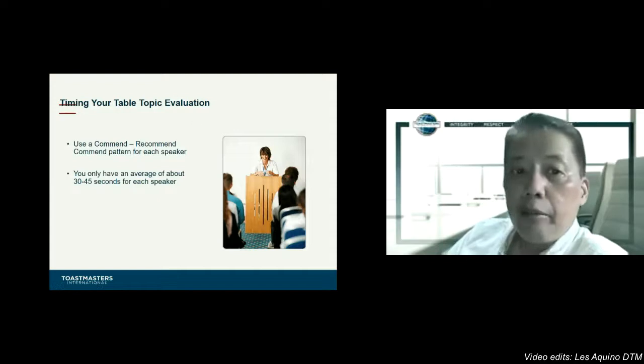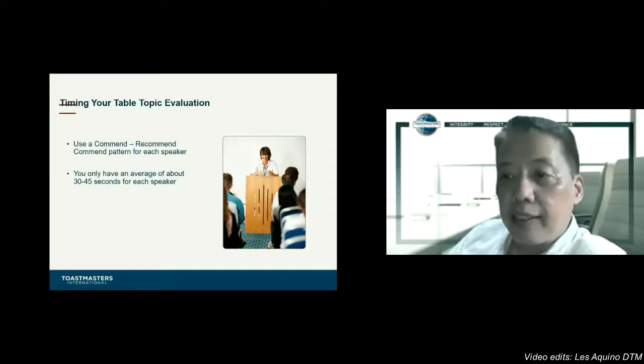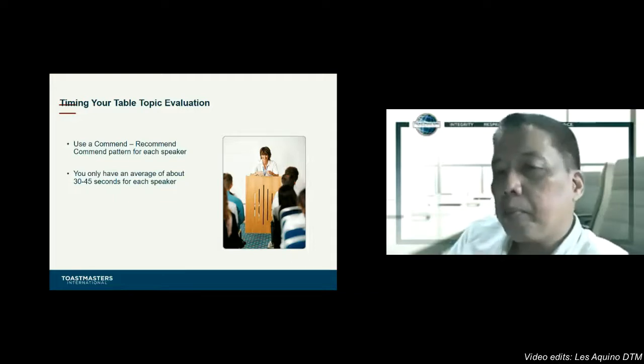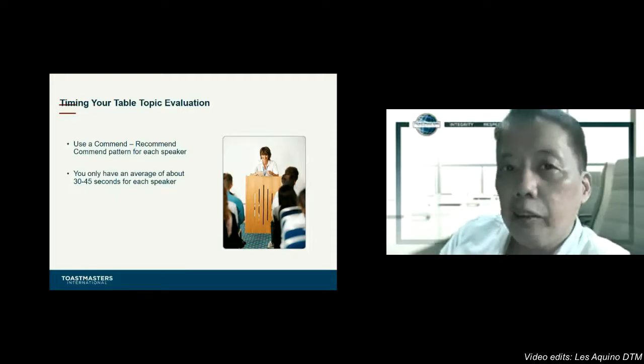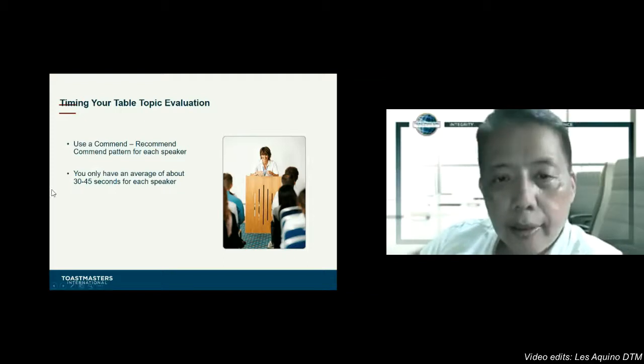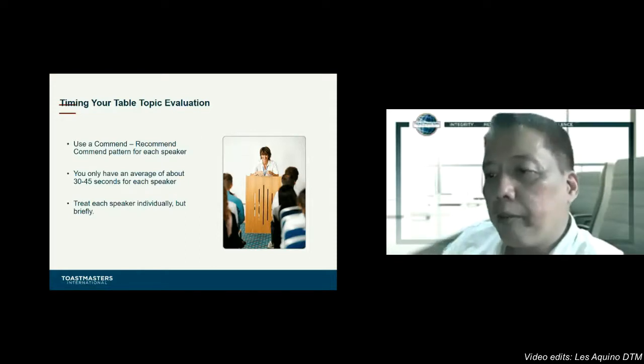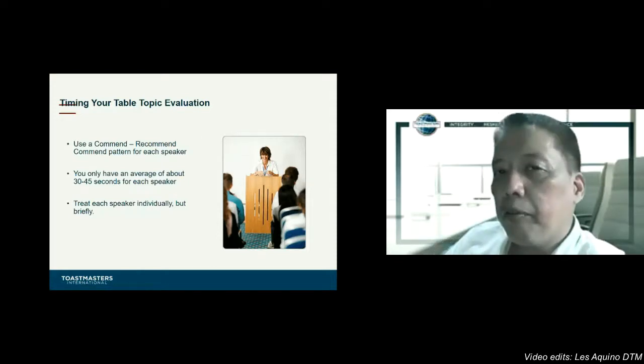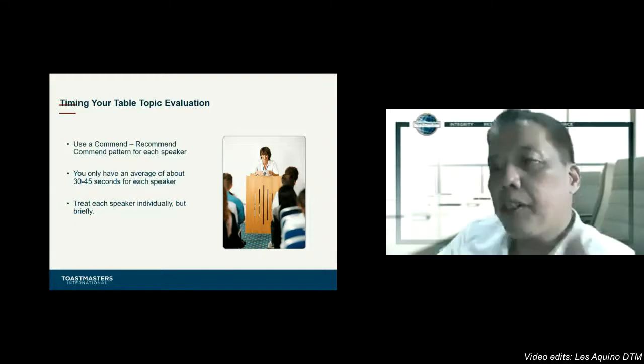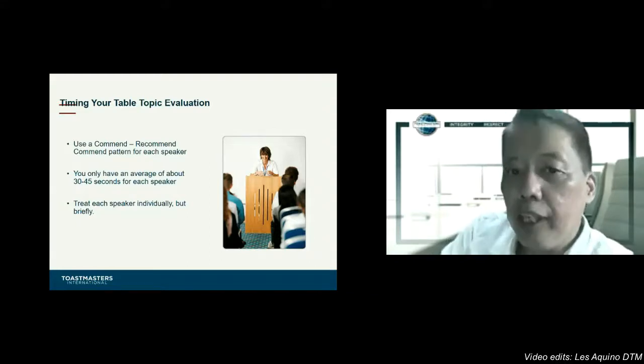Usually, you only have about 30 to 45 seconds per speaker. So this helps you practice to become direct when you give your feedback. Whenever you provide feedback to your table topics participants, make sure you have feedback for each individual.